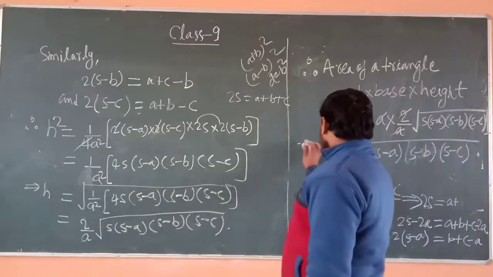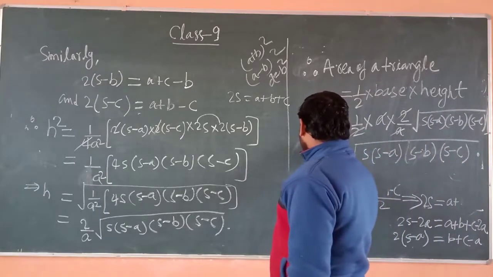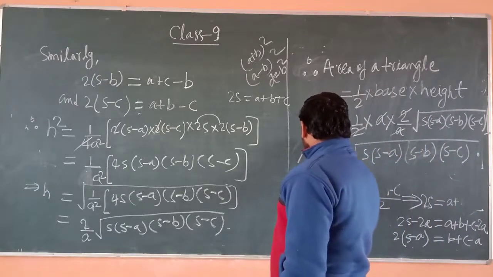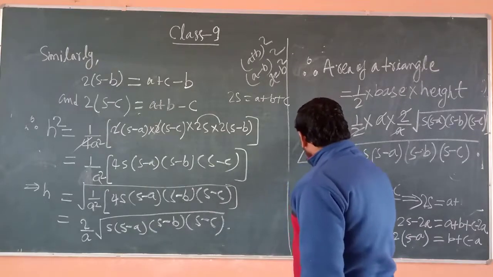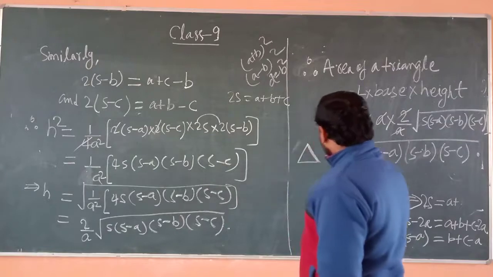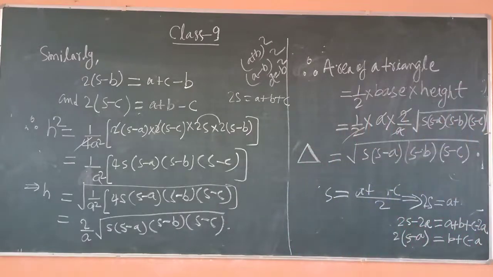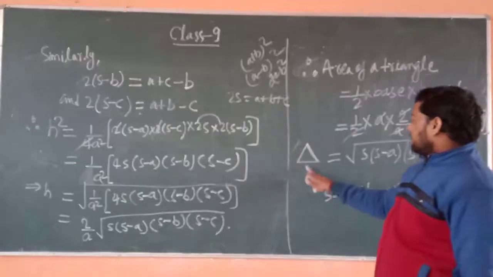And in some standard books it is denoted by capital delta, for area of triangle.